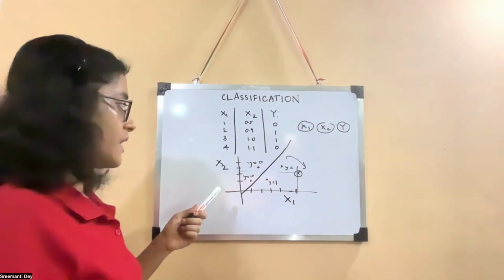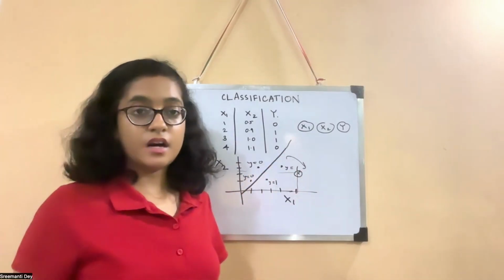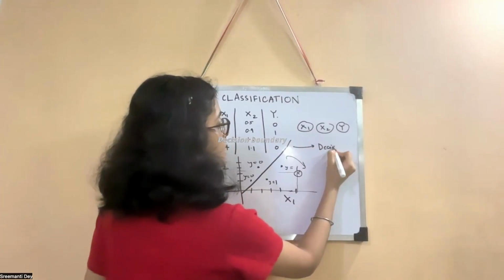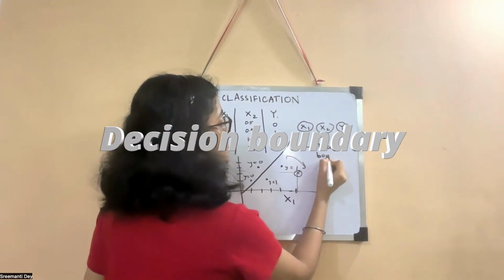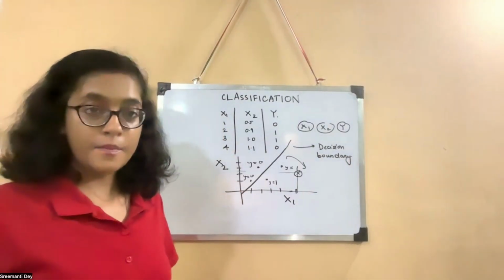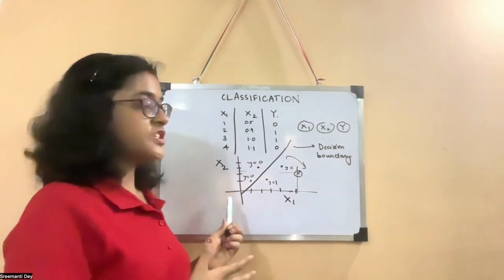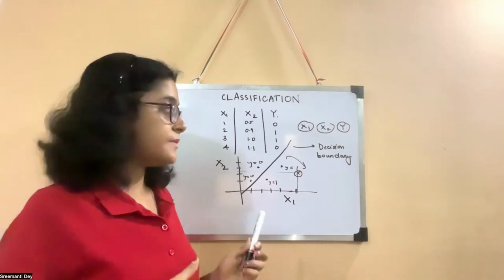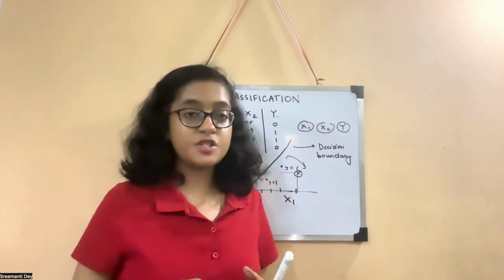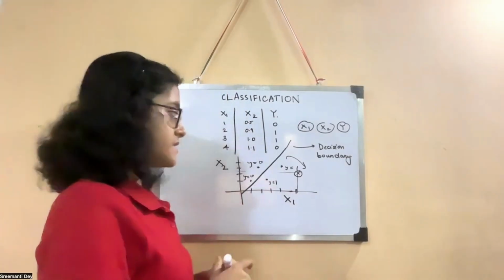Okay, coming back to this one. So this line in classification is called the decision boundary, which is very important. Remember this term. So what is the definition of this line? This line is at the maximum distance from all of the points. So what do I mean by that? Here we are tracking the distance between the points.